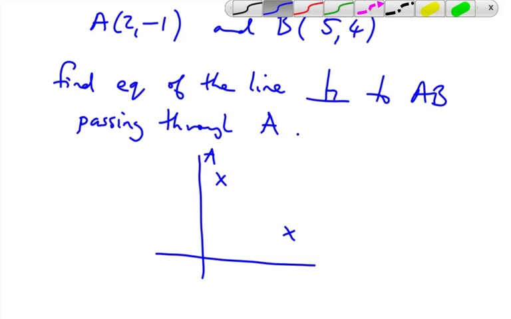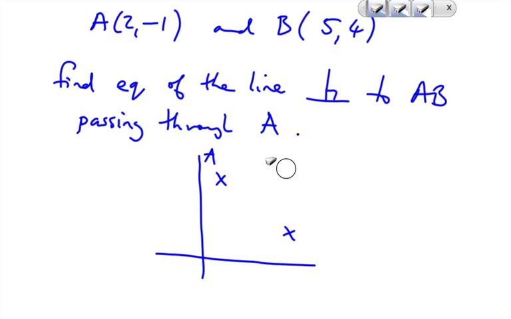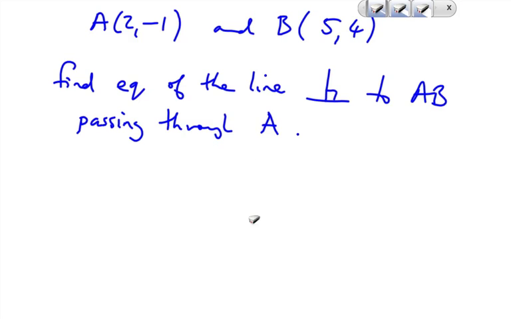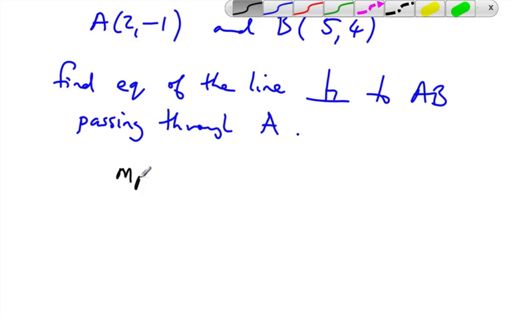So let's do this. What's the gradient of AB? M, AB. When you do your working, I'd like you to use this sort of thing here. M AB means the gradient of AB. It's pretty nice and clear shorthand.